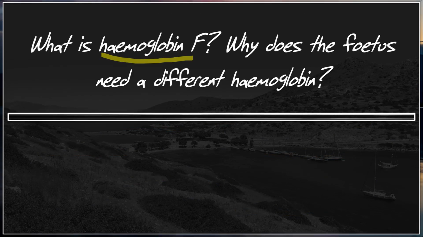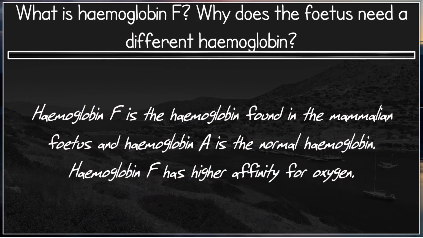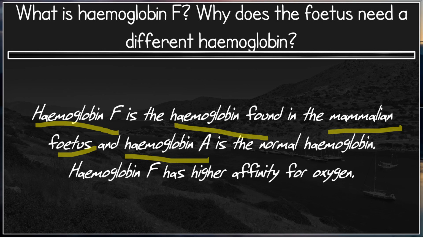What is hemoglobin F? Why does the fetus need different hemoglobin? Hemoglobin F is the hemoglobin found in the mammalian fetus, and hemoglobin A is the normal hemoglobin.